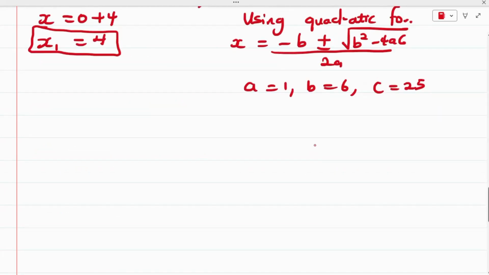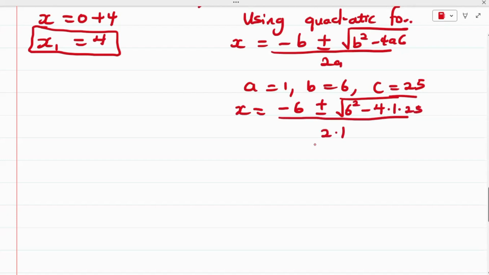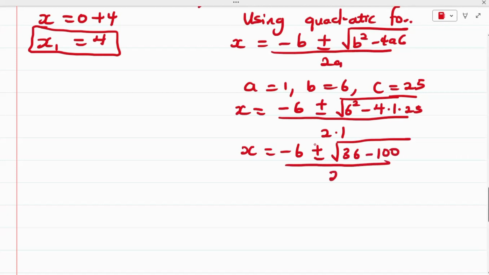So putting this, we have x is equal to minus 6 plus minus the square root of b squared, which is 6 squared, minus 4 multiply 1 multiply 25, divide 2 multiply 1, and x is equal to minus 6 plus minus the square root of 6 squared is 36 minus 4 multiply 1 multiply 25 will give us minus 100, divide 2 multiply 1 is 2.